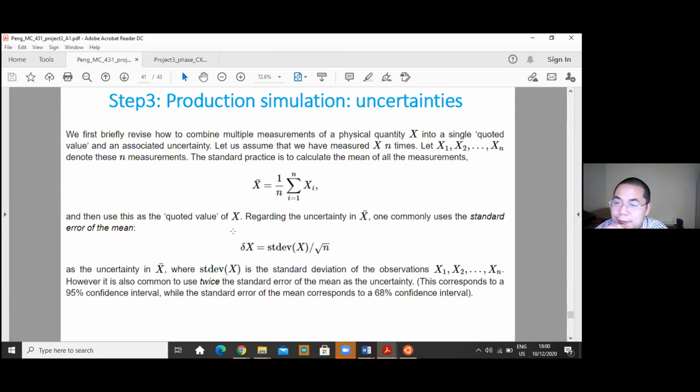So you will understand that part a little bit. This course is statistics. We take the average, but there's another part, the uncertainty, called the standard deviation error. It's an error.